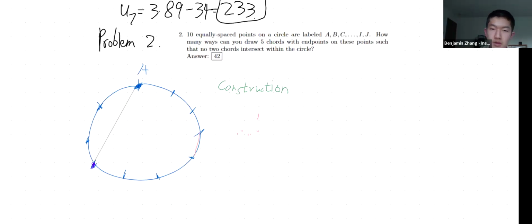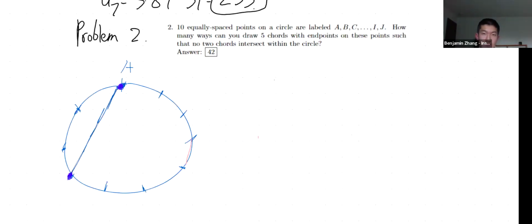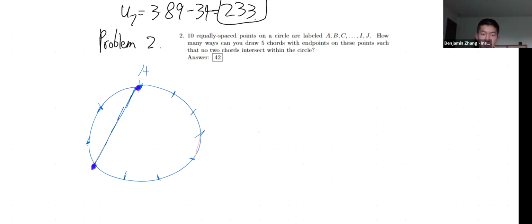Actually, let me erase. I don't know why I wrote that. Okay. So now what have we simplified the problem down to? Does anyone see it? We drew in this segment between 2 points on the circle. What is now restricted? The left and the right. Why is it restricted?